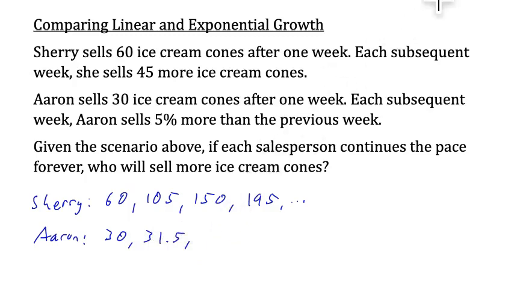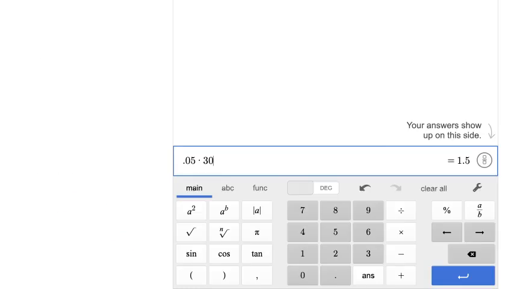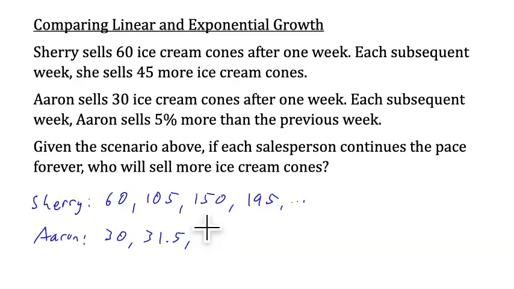But then the next week, he's selling 5% more than 31.5. So now he's adding a little bit more than 1.5 ice cream cones. So that week he sells 33.075 ice cream cones.